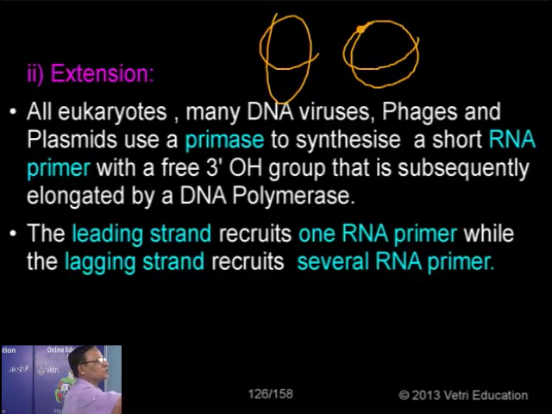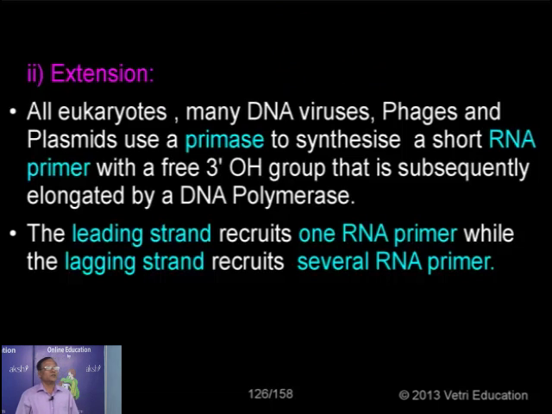Now, coming back to that one. So, what do you mean by extension? In the case of all eukaryotic DNA, or many DNA viruses, or phage viruses, and also plasmids, these DNA molecules use the enzyme I mentioned, the primase. That enzyme is responsible for synthesizing a short RNA segment, called the RNA primer.